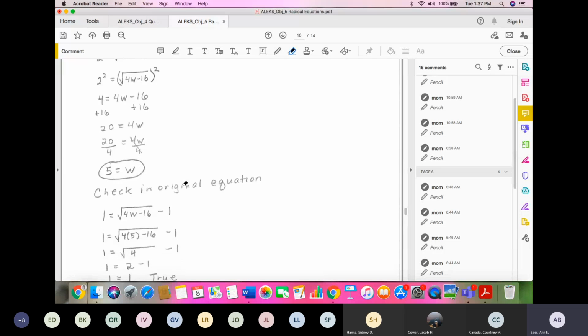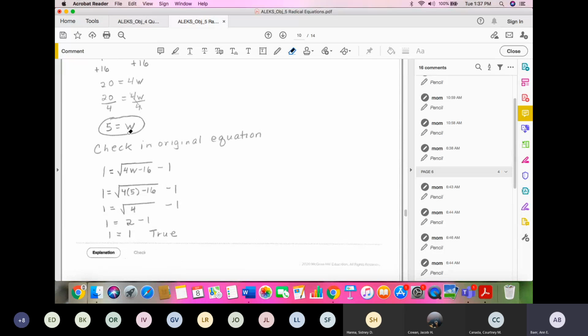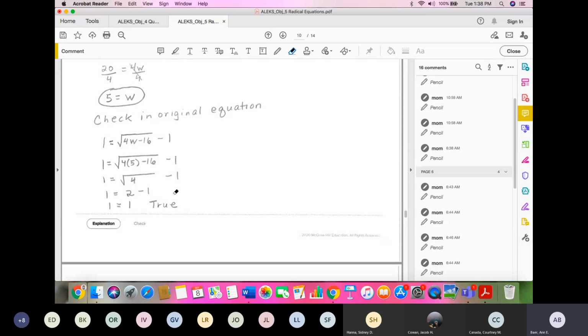Check in the original equation. So here's the original equation. We want to put 5 in for w right here, and everything else is the same. So 1 equals square root of 4 times 5 minus 16, minus 1 on the outside here.